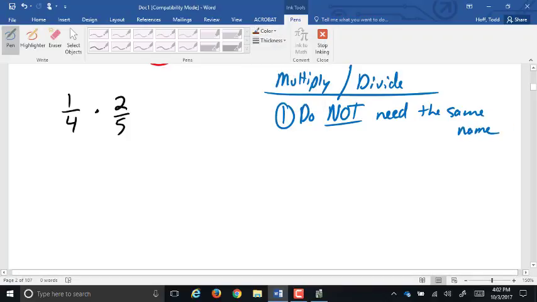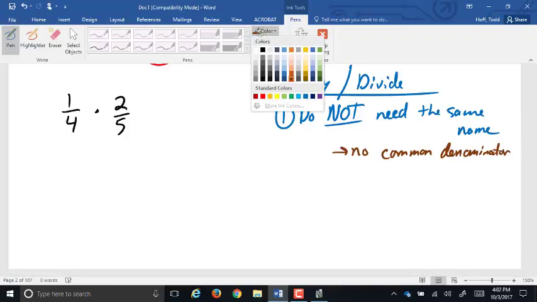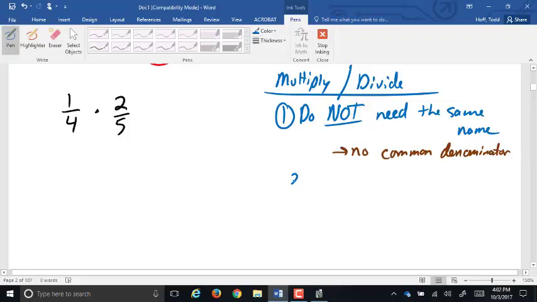So for fractions, that's going to mean no common denominator. And second, obviously we combine the counts, because we always do when we calculate with numbers. And we also combine the names.